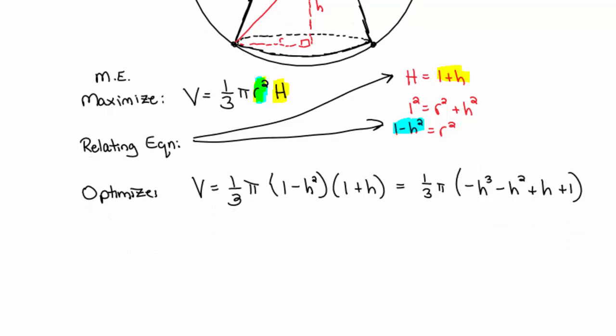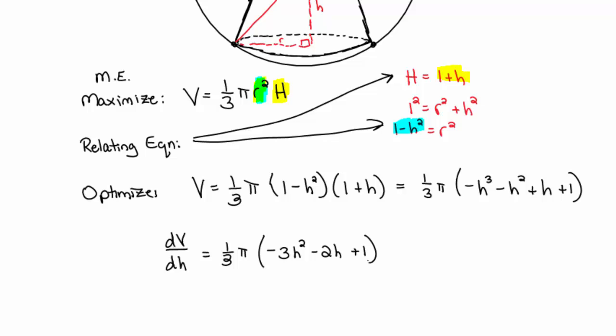Now, we want to find when this volume function is maximized. We're going to use calculus. So to maximize this, we're going to find dV/dh. Basically, what's V prime? It's equal to 1/3 pi, and then the derivative is negative 3h squared minus 2h plus 1.